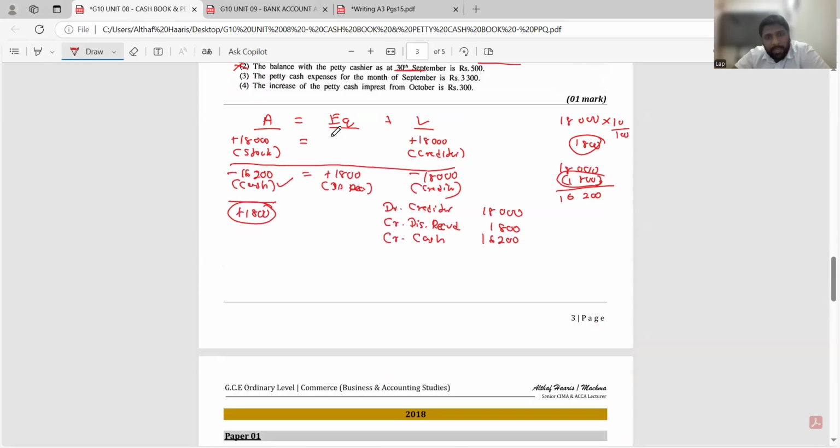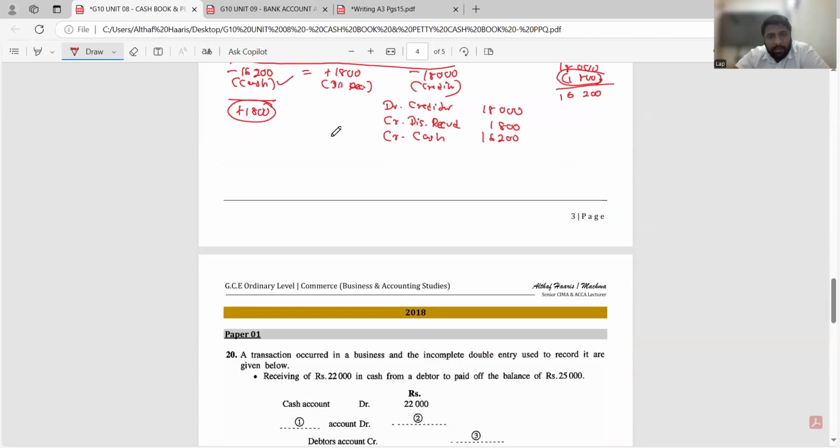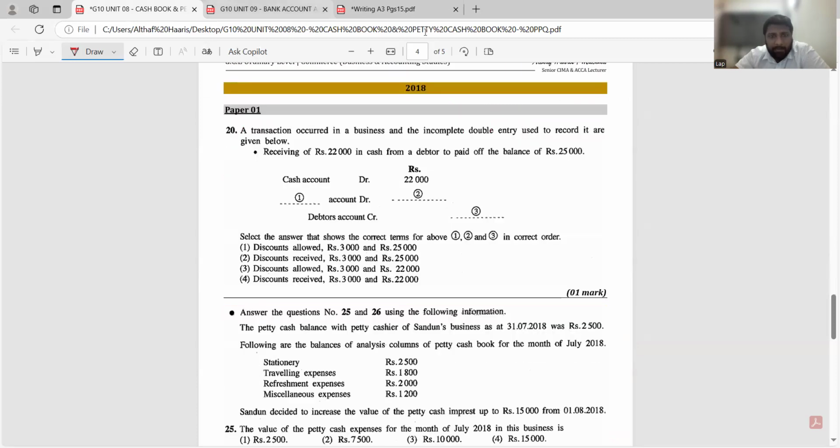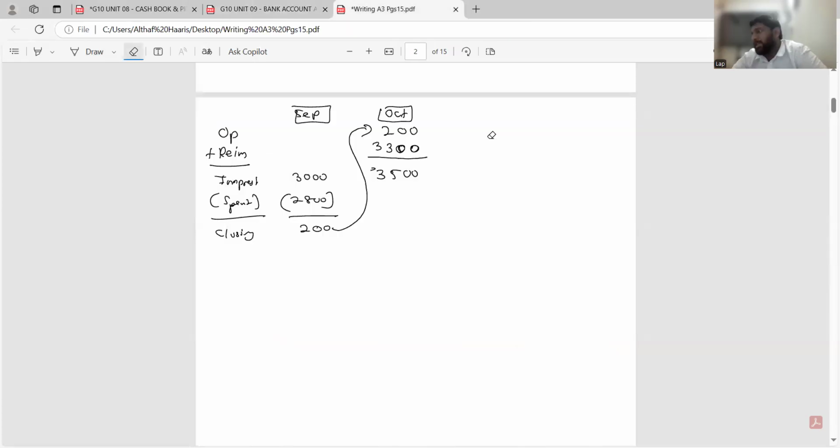So you all can try the 2008 paper. I'll keep it here. If you all want, take a screenshot. You can't find these workings anywhere.